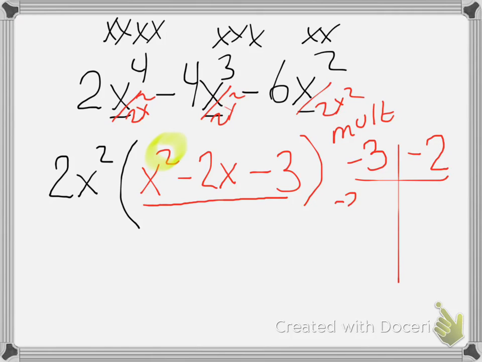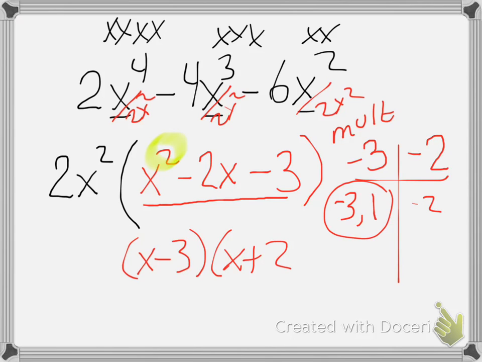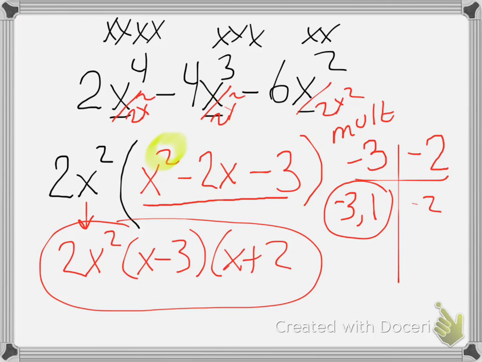So negative 3 and positive 1 adds to negative 2. So there's your magic numbers. x minus 3, x plus 1, and don't forget to bring that guy down. So there's your final answer.